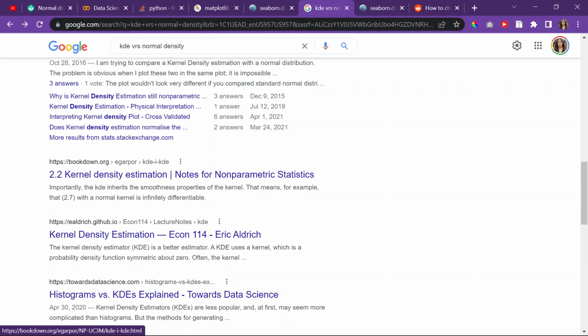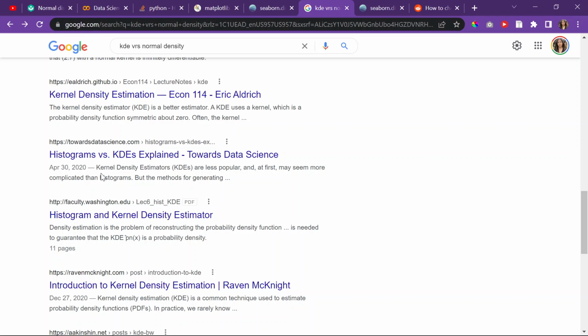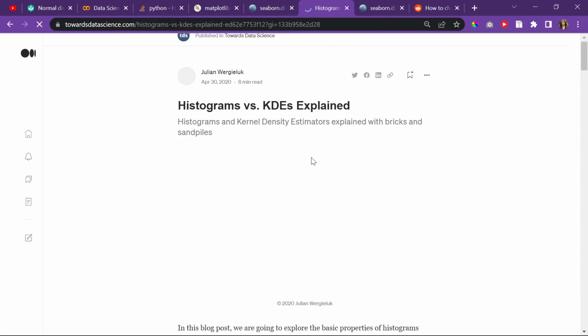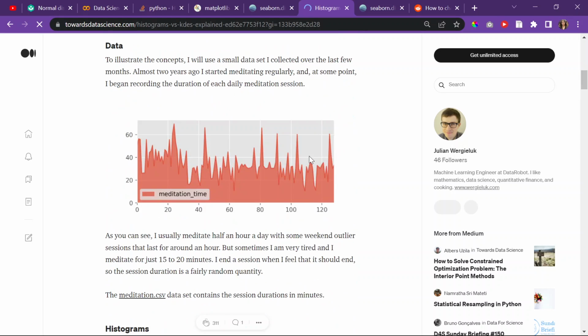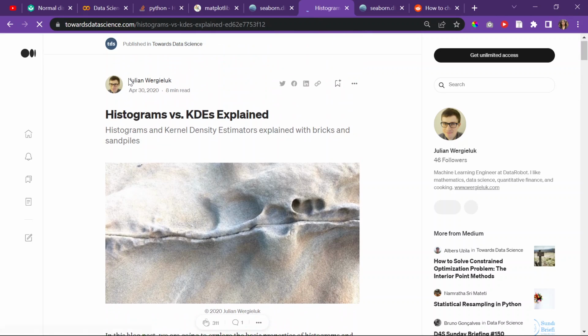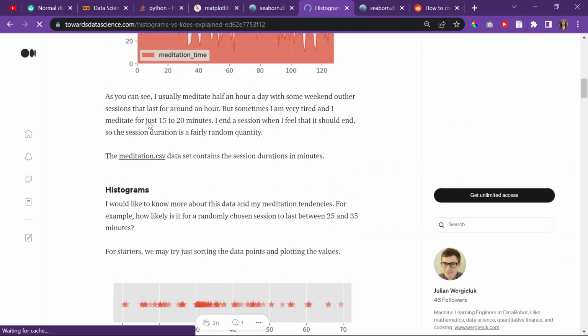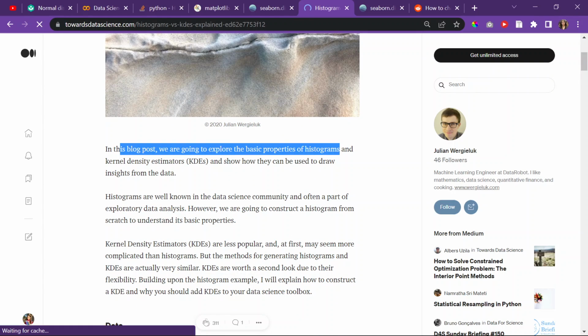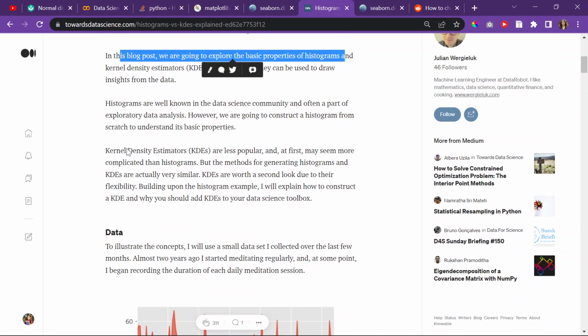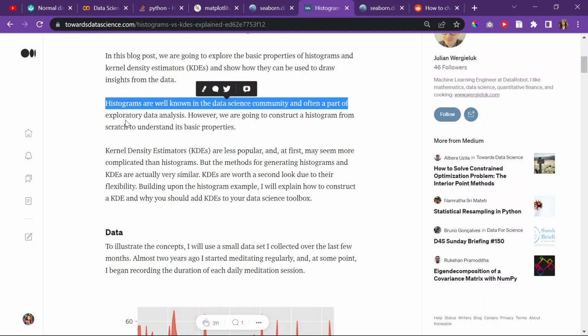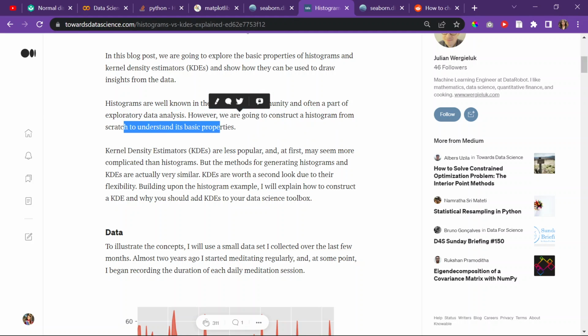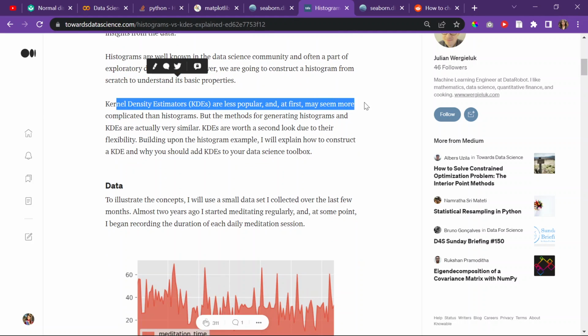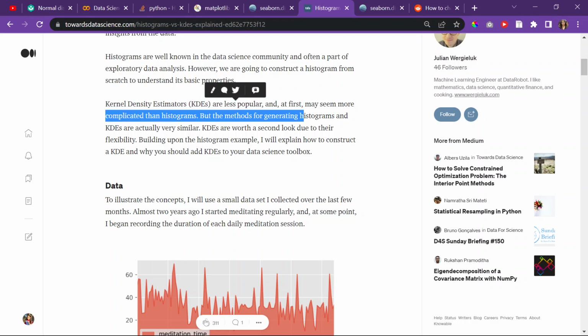Kernel density estimation. Histogram versus KDEs explained. Please, please let this be good. Towards Data Science articles are always good. Okay. Just for the basic properties of histograms. Understanding properties from scratch, this program first we use for complicated methods.